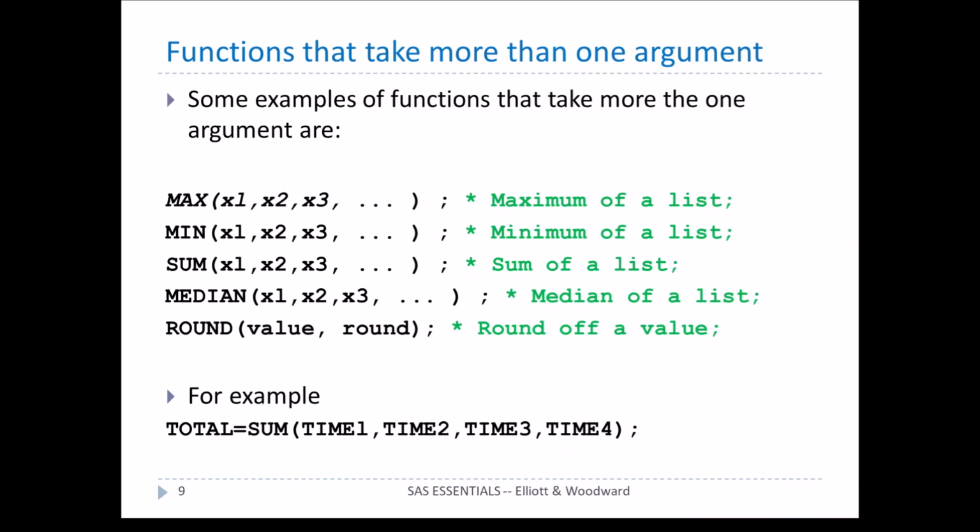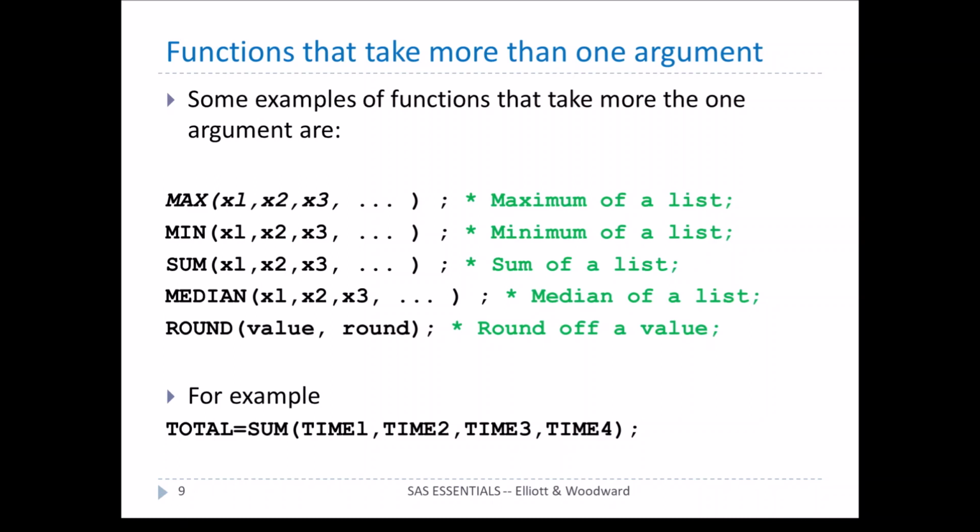Some functions take more than one argument, and here are some examples of those. For instance, the max function. If we have a list of variables in the max function, it's going to return the maximum of whatever the list is. Similar with minimum, the sum function is going to give us the sum of a list.